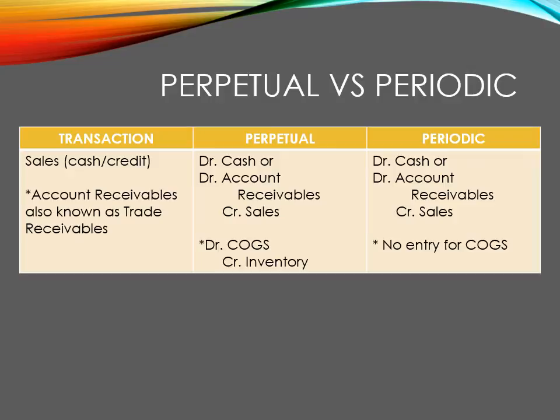So you debit the cash and credit sales, or you debit account receivables, the name of your customer, and credit sales if you sell on credit. However, for the perpetual inventory system, there is an additional record. That is, you need to debit the cost of goods sold account and credit the inventory.